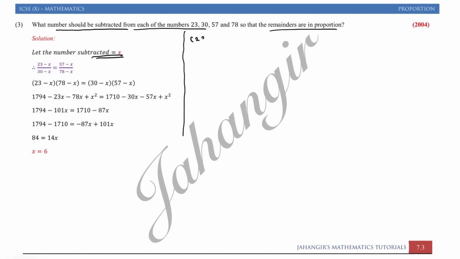So therefore I can say 23 minus x, 30 minus x, 57 minus x and 78 minus x are in proportion.